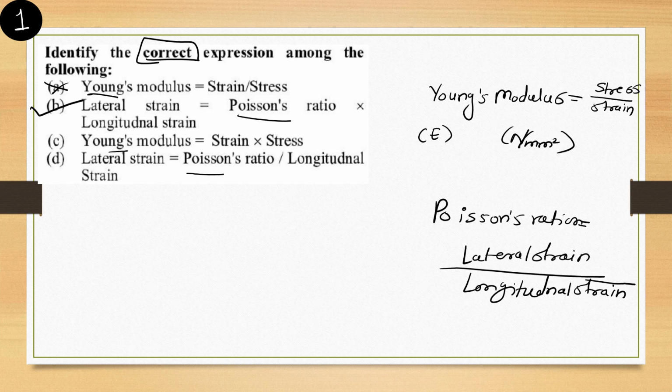Here multiplication is incorrect, so option C is wrong. Then next is lateral strain equals Poisson's ratio divided by longitudinal strain. Here divided is also wrong. If they gave a multiply sign, then it would be correct. So option D is also incorrect. Option B is the correct answer.